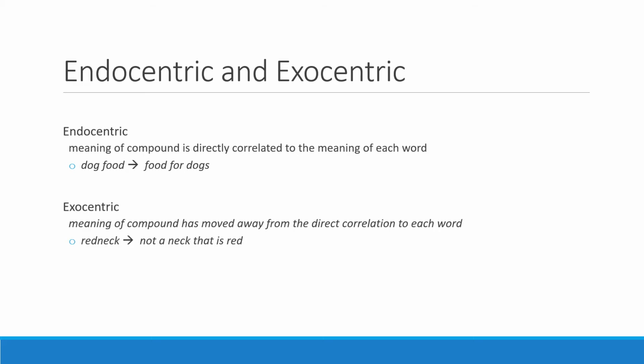That's where the meaning of the compound is moved away from the direct correlation to each word. So redneck does not mean a neck that is red, although it probably initially did mean that. They were talking about somebody who was out working in the field all the time and their neck got red. But right now it talks about a person. A person is a redneck.